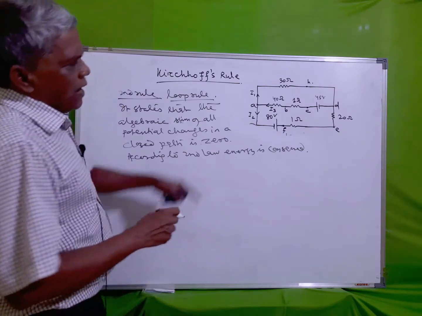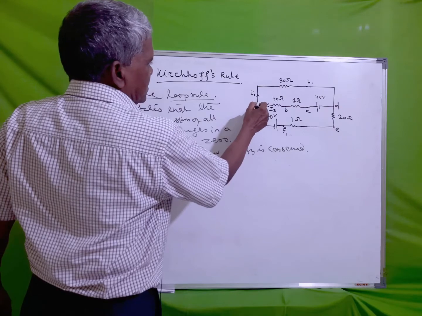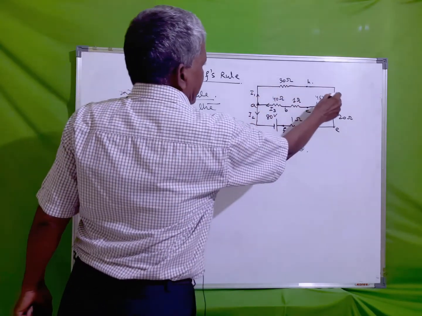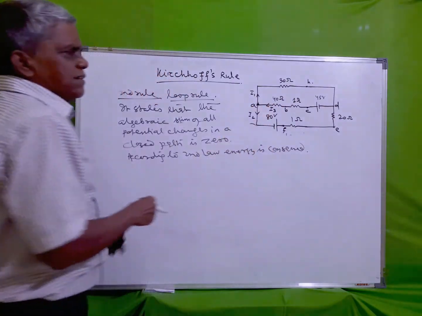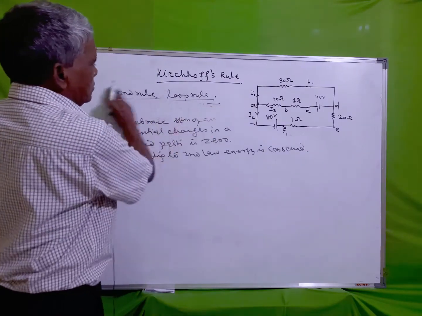It is simpler if we take any point with some potential. Let us complete the path and return to the same point. Then the potential change across the path is again 0.